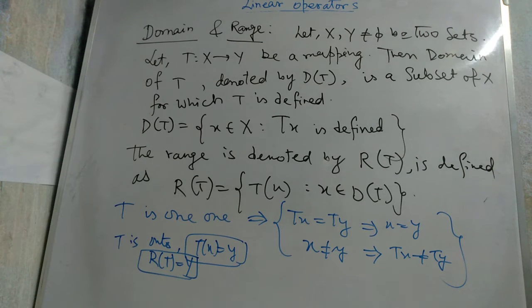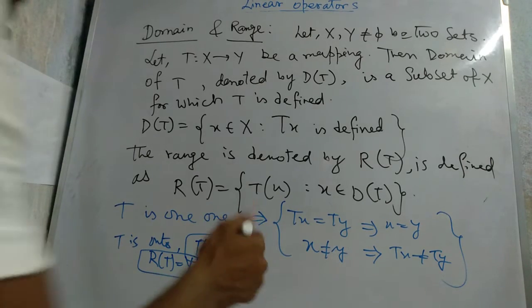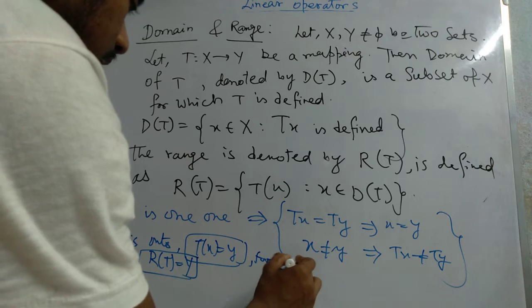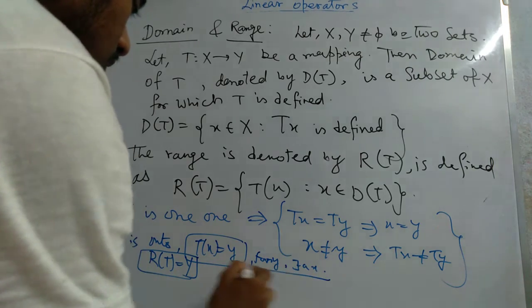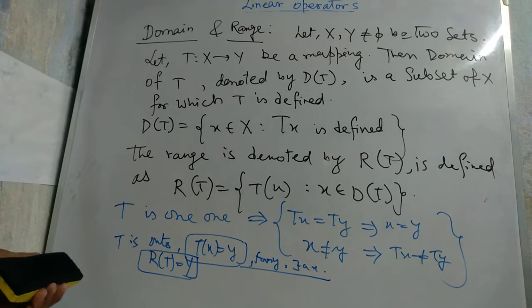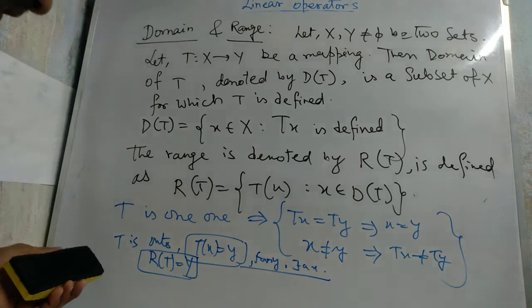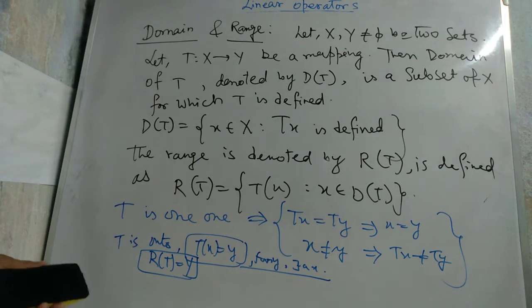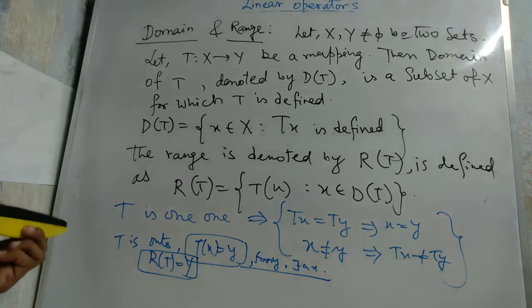For a y there exists an x such that this holds, so T onto means R(T) equal to Y. T onto means T is surjective and T one-one means T is injective. So T is bijective if both hold.